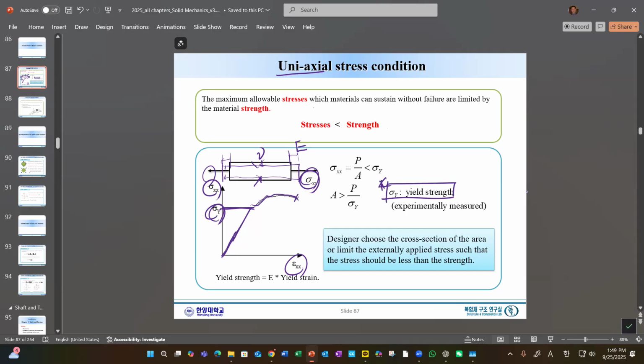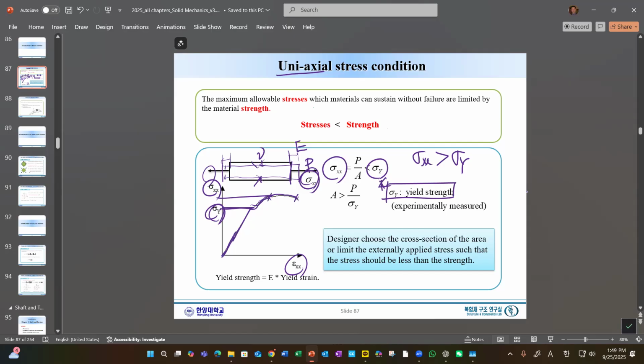So when we design, we'd like to say that sigma xx, which can be easily calculated as P divided by the cross section A, should be less than this yield strength. What if sigma xx is larger than sigma y, which means this point? Well, the material will go over this one.